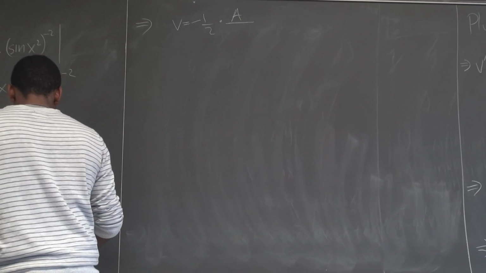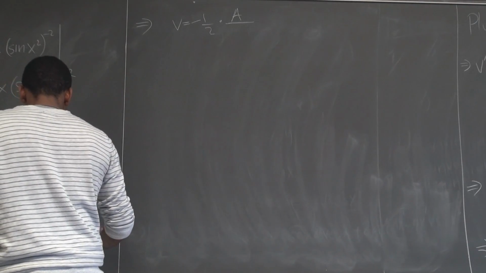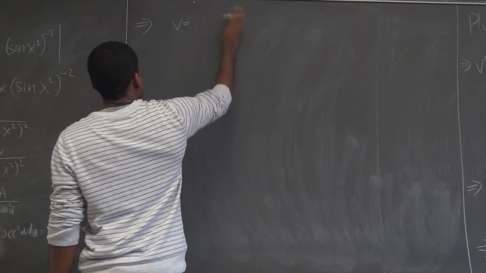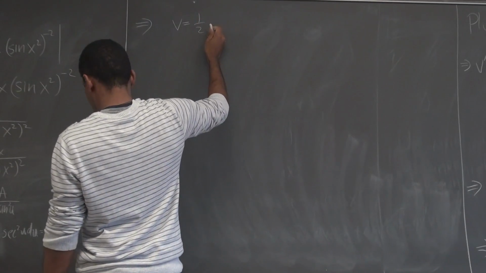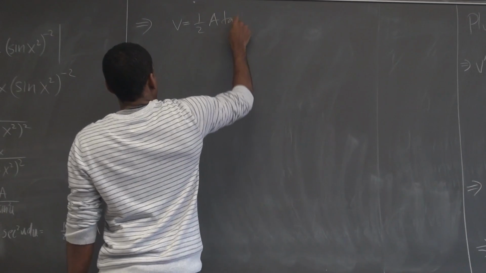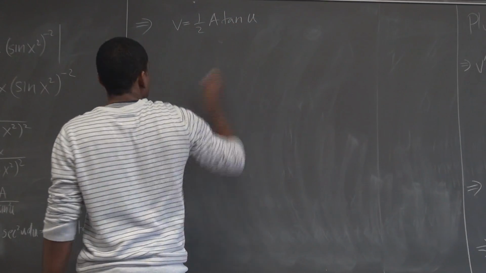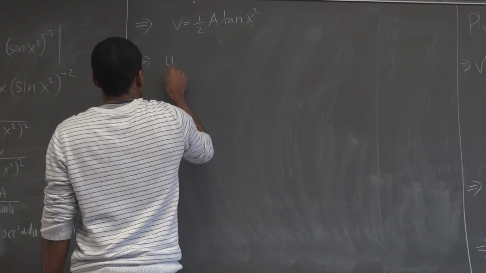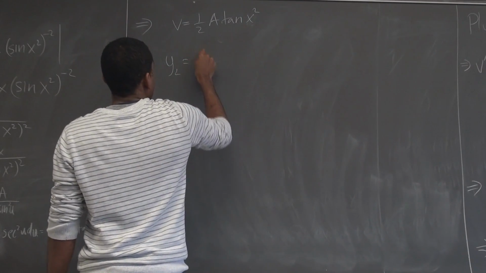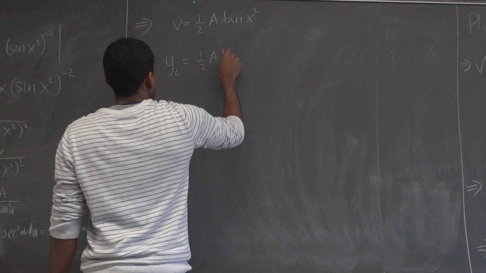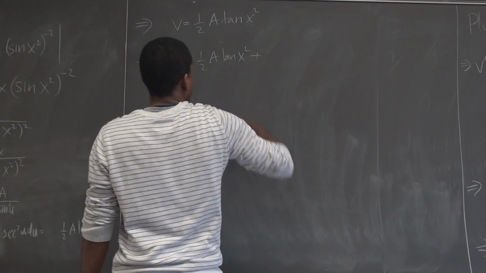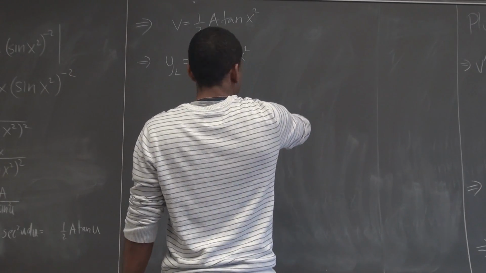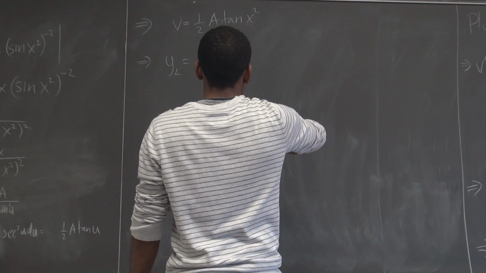Squared is 1/2. So b is equal to 1/2 tangent, equal to 1/2 a tangent. The original was what? The sine x squared?